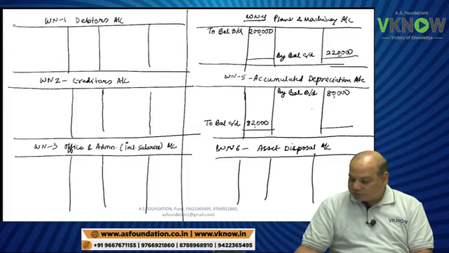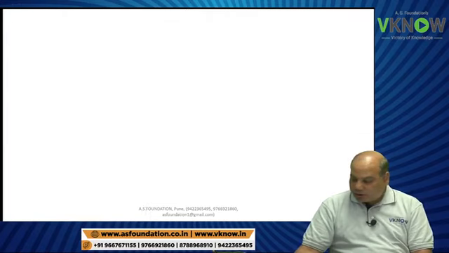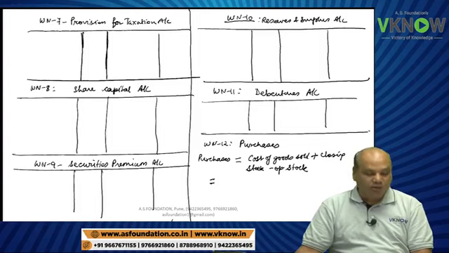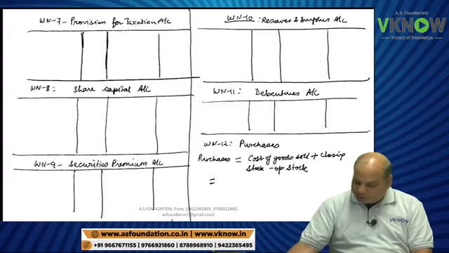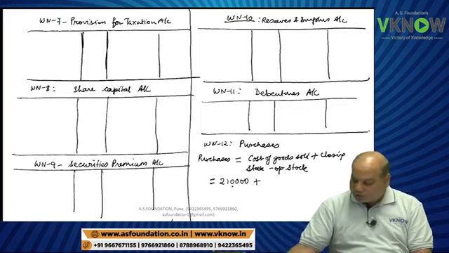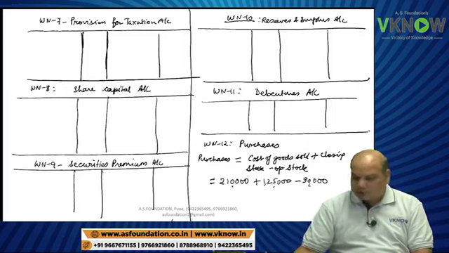Now next is inventory. Inventory I will use for purchase calculation. So come to working note number 12, purchases. Cost of goods sold is there in the P&L account, 2,10,000, second line. Closing stock is 1,25,000 and opening stock is 90,000.